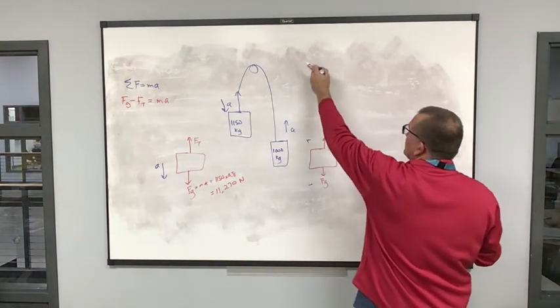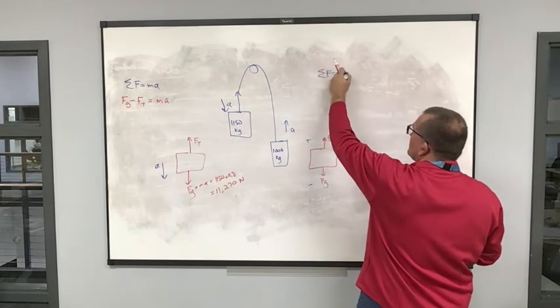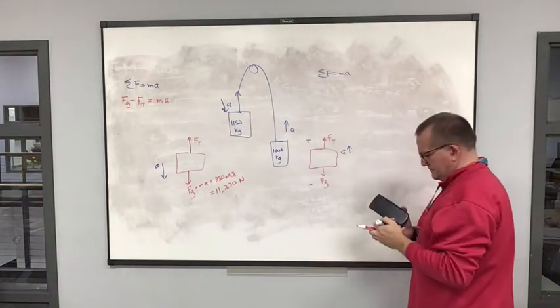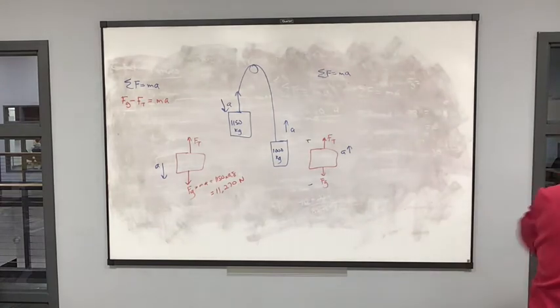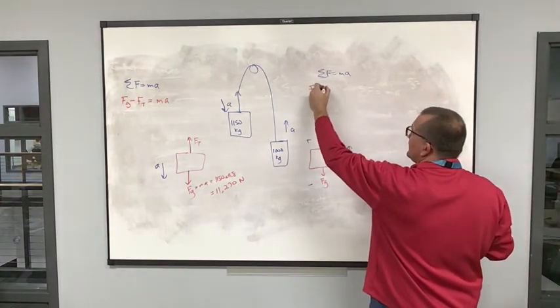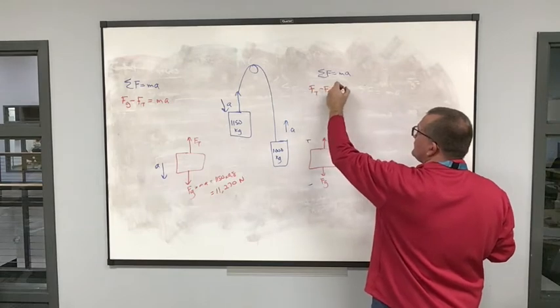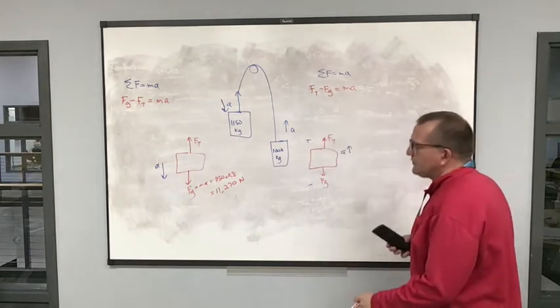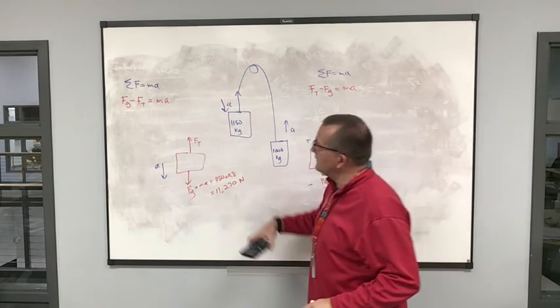So the sum of my forces is equal to ma. And I'm going to say Ft minus Fg equals ma. So let's start substituting. I started the problem here. I started to substitute.